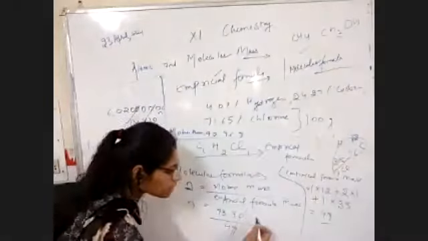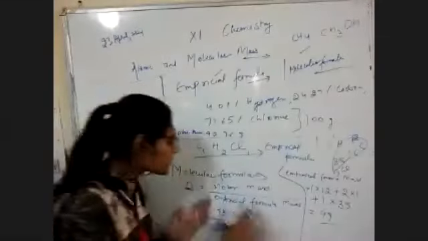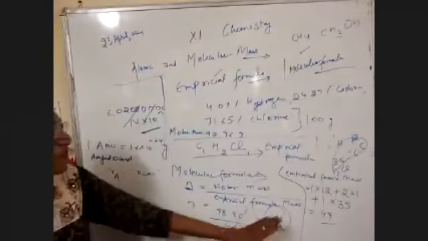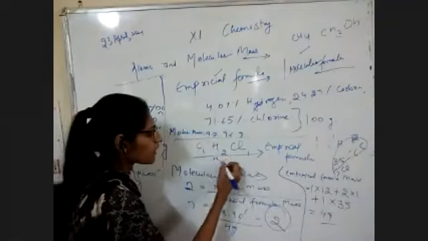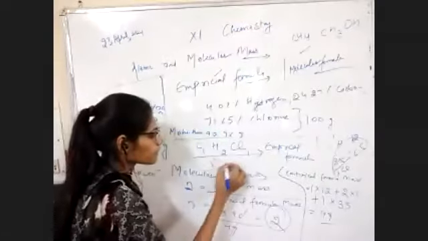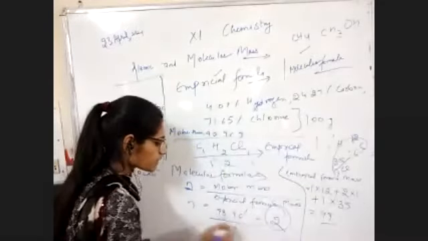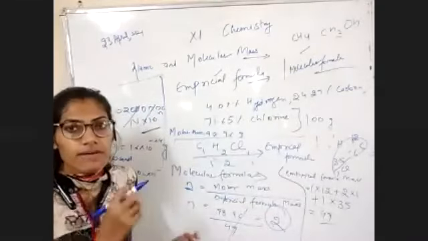If we just divide 98 by 49, what will we get? Approximately 2. So with 2, we would calculate this ratio, hydrogen 1 to 1. This ratio we would calculate with the number N, and we would get our molecular formula.